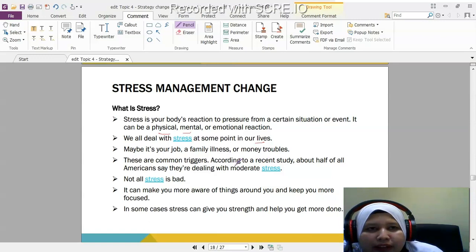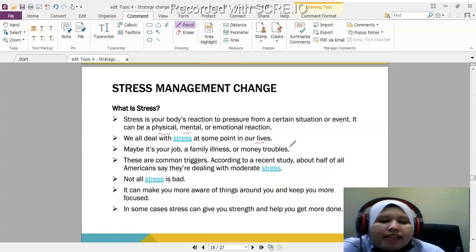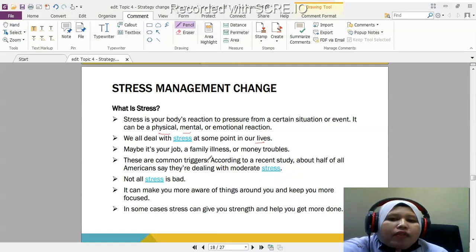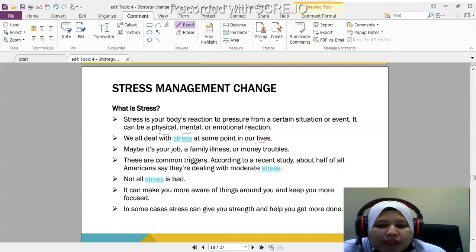What are the factors of your stressfulness? These are common triggers. According to a recent study, about half of all Americans say they are dealing with moderate stress.